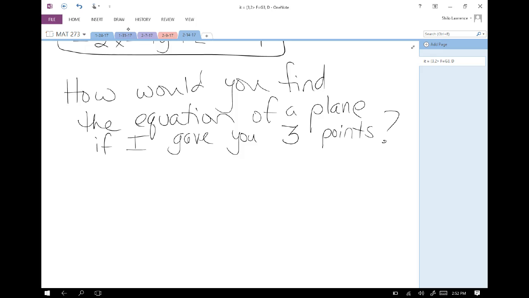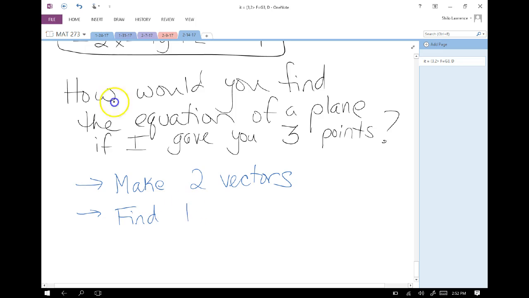The opposite. We're going to have to do a cross product. We can't plug points into a cross product. Vectors go into a cross product. We're going to make 2 vectors. And then we're going to find their cross product. That's going to give us a normal vector.